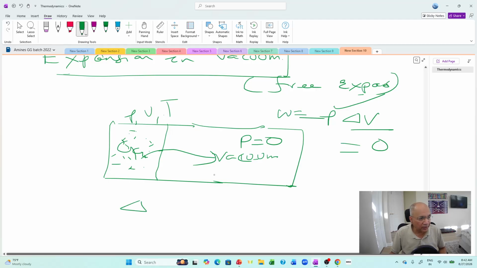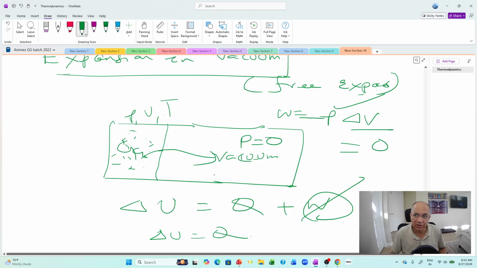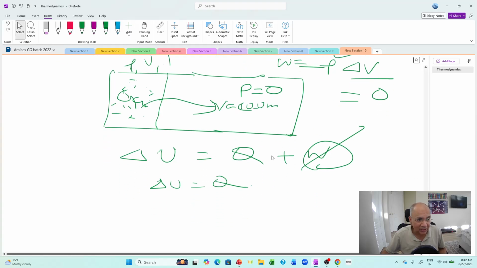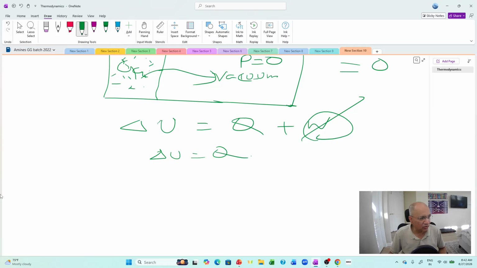So what happens in free expansion? Del U is equal to Q plus W. W is 0 on the ground of P being 0. So del U is equal to Q, just like an isochoric process. But you have to carry out either isothermal or adiabatic.